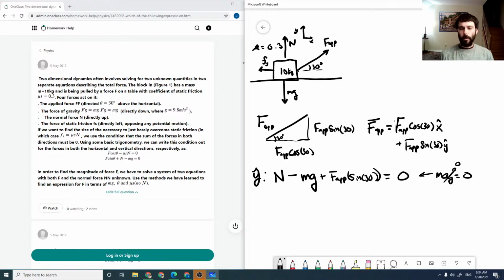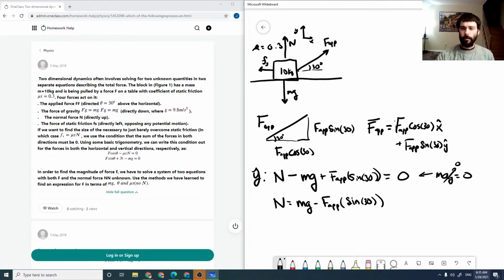We can solve for our normal force as mg minus our force applied times the sine of 30. Okay.